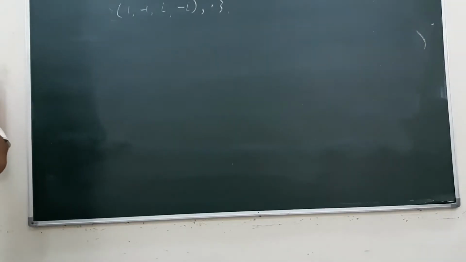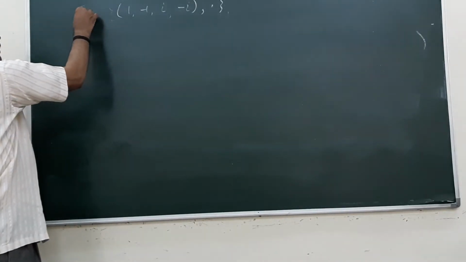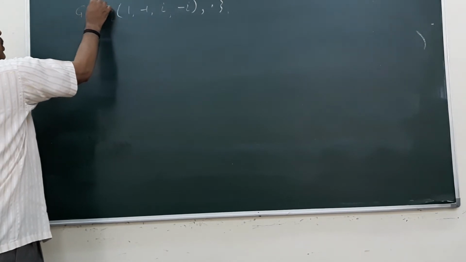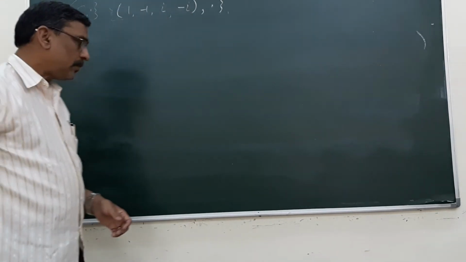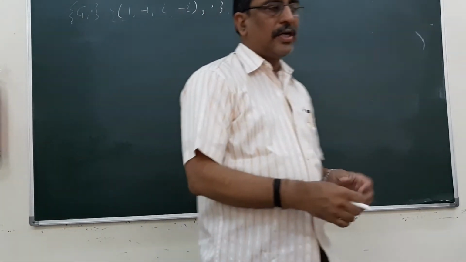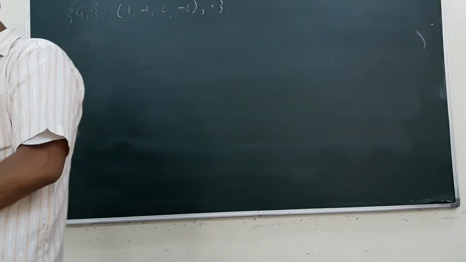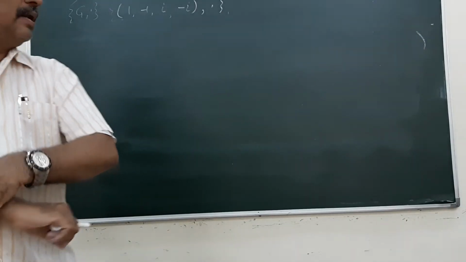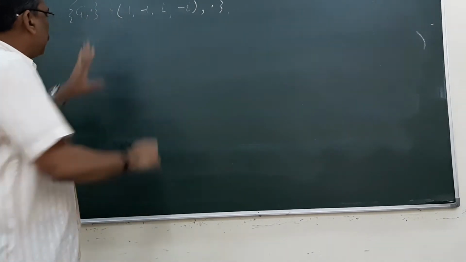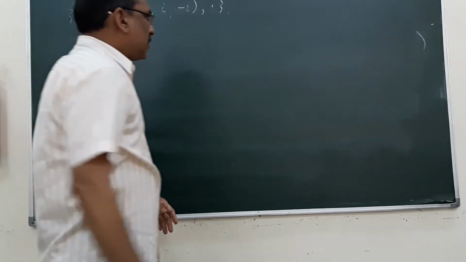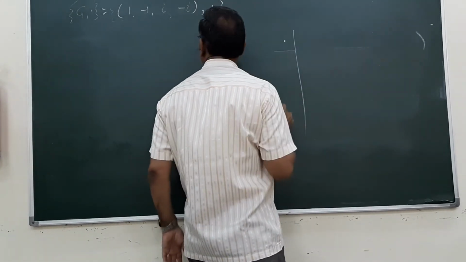This is another structure, say G dot, where G is the set given here. This is another structure to understand the algebra and its properties in a very good manner. So these two structures give us a vital understanding.